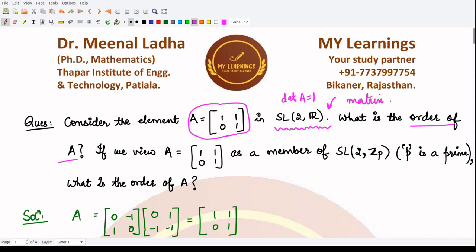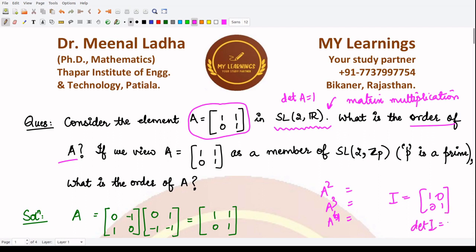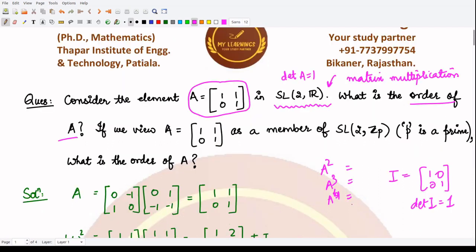For matrix multiplication, the order of this element A is obtained when you take the powers of A, and if at any time it becomes equal to the identity matrix of order 2, because its determinant is equal to 1, then we call that power the order of the matrix A, right?